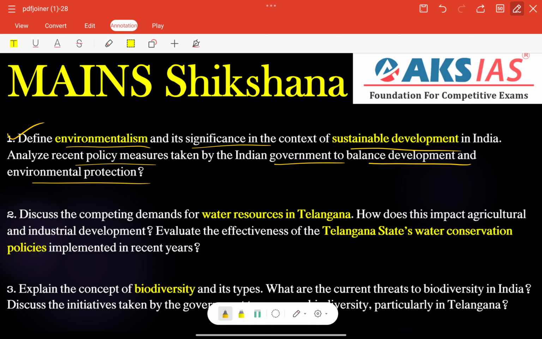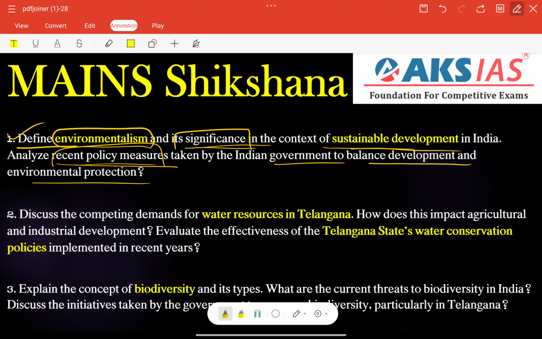Here the approach: environmentalism, define. Definition of environmentalism is the first important keyword. Significance is the next important keyword we need to write. Next, context of sustainable development in India, right? Analyze recent policy measures taken by the Indian government to balance development.